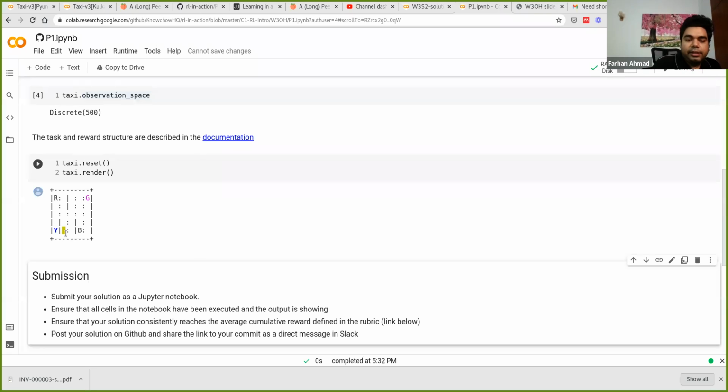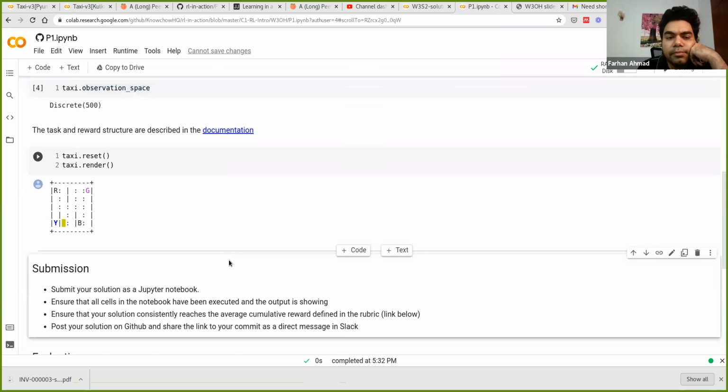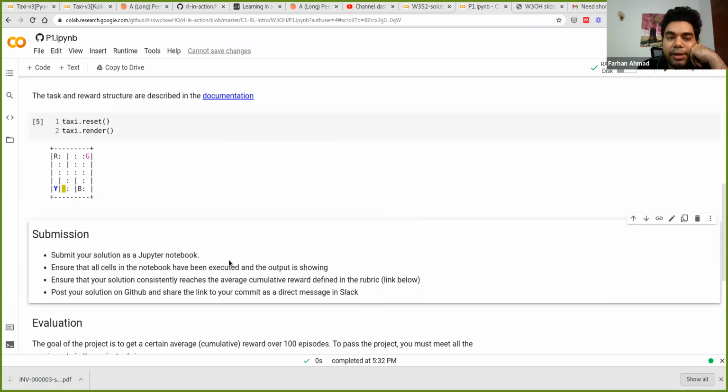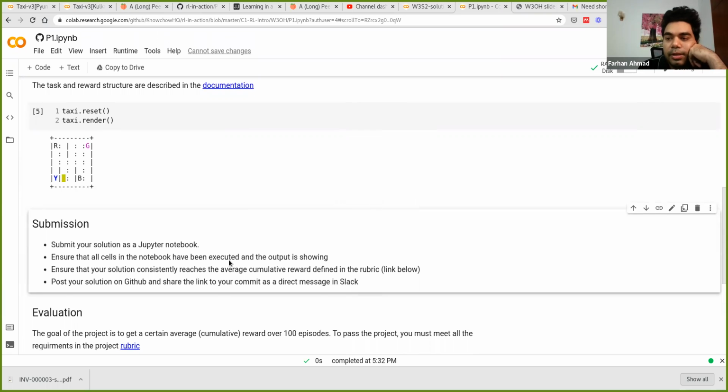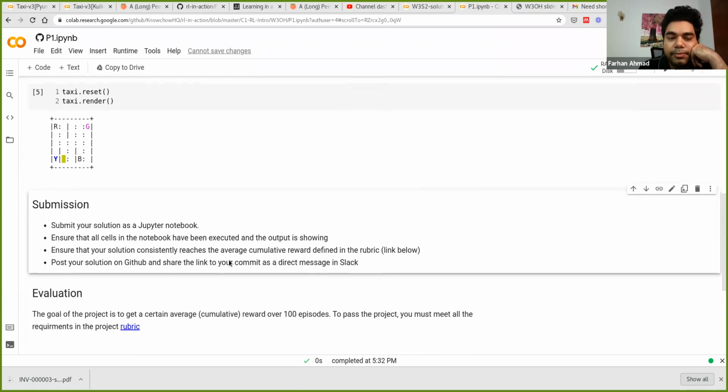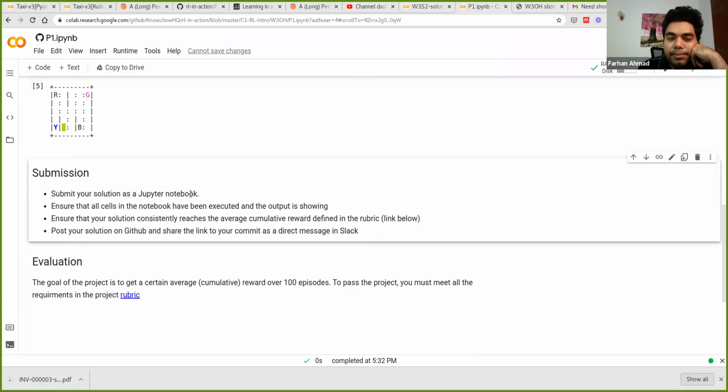So this is the taxi, and then there are 4 different locations from where you can pick up or drop off passengers, and you basically have to learn when to pick up, where to go, and then how to drop off, right? So right now, you know what the project is, you know what the rubric is, so you can get started right now.